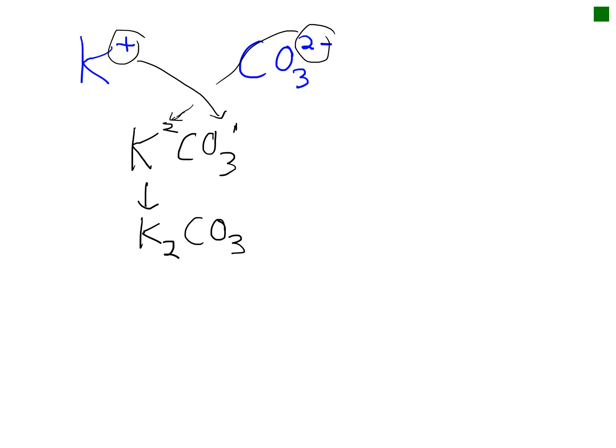In this case, there's only one polyatomic, so we don't have to write the parentheses. You don't want to put a 31, you just have one of those carbonates. So this would be K2CO3 in order for that to balance out and be electrically neutral.